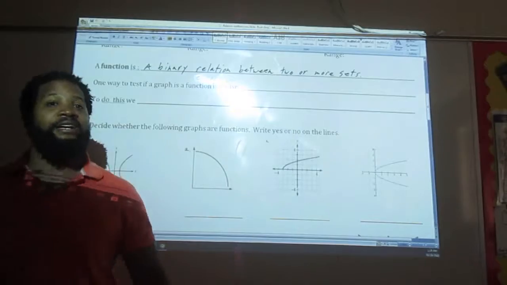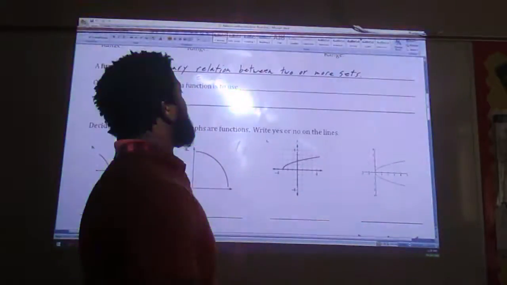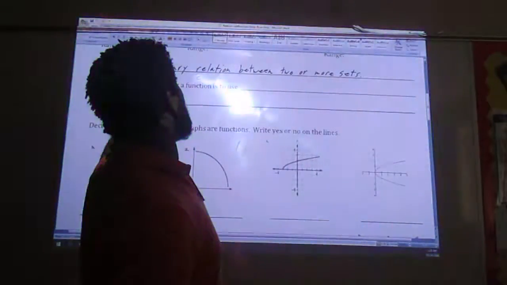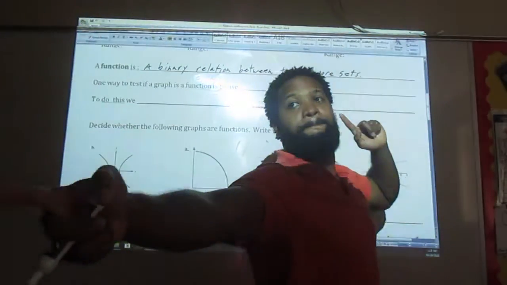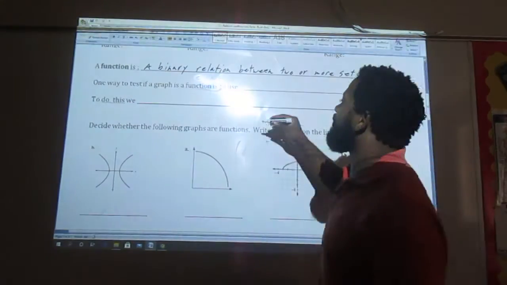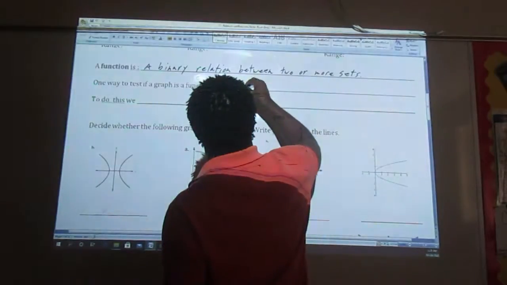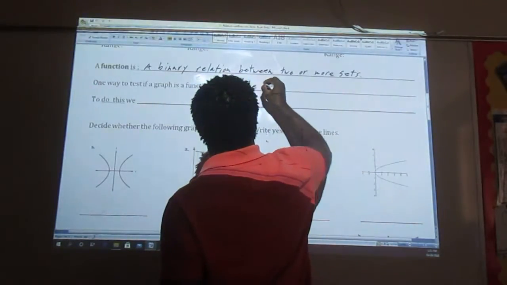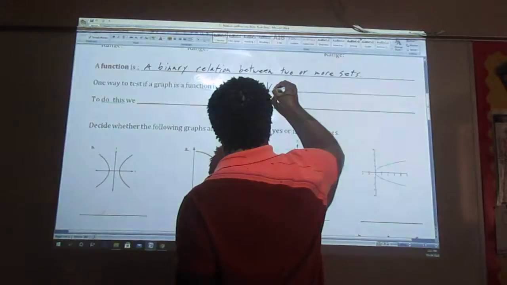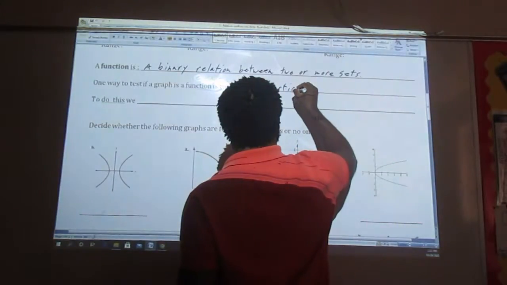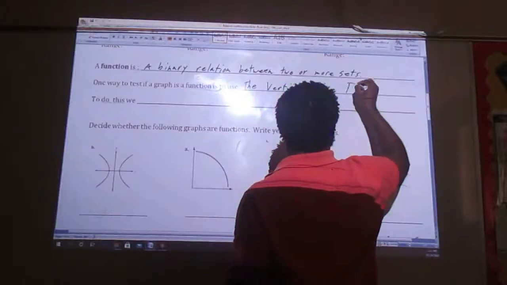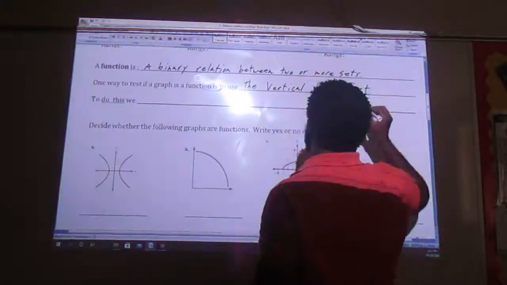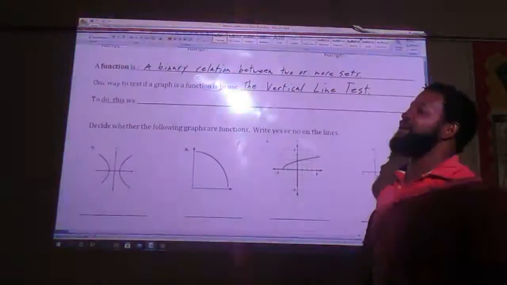And like Miss Patton said, one way to test if a graph is a function is to use the what? The vertical line test. The vertical line test. Okay? What is the vertical line test?